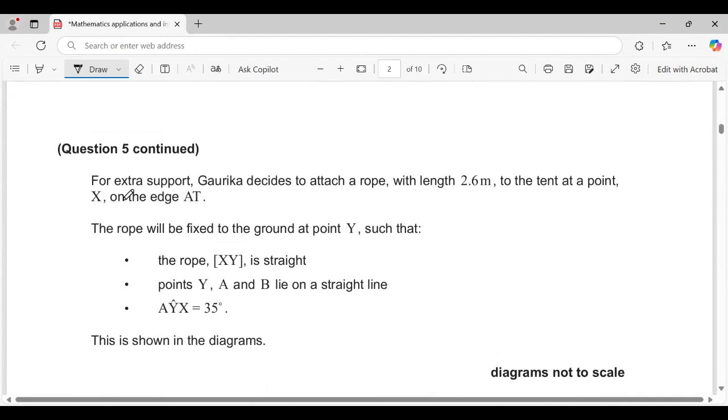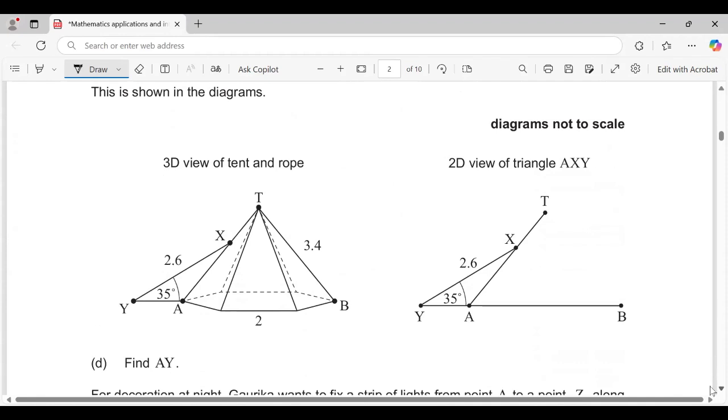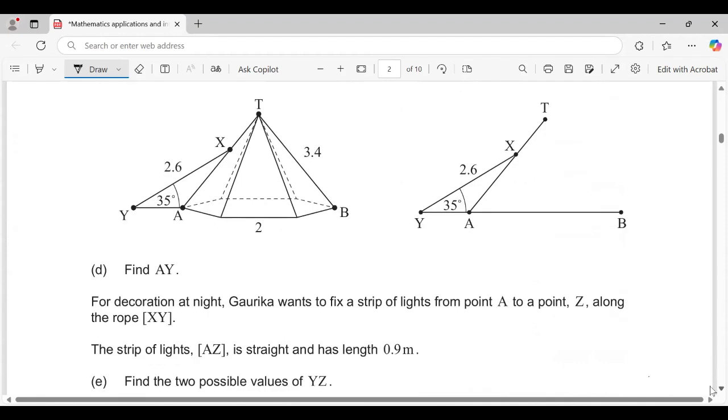Next question, D. For extra support, Gaurika decides to attach a rope with length 2.6 meters to the tent at a point X on the edge AT. The rope will be fixed to the ground at point Y such that the rope XY is straight. When Y, A, and B lie on a straight line, angle AYX is 35 degrees. This is shown on these diagrams. Find AY. Let's find this side AY.